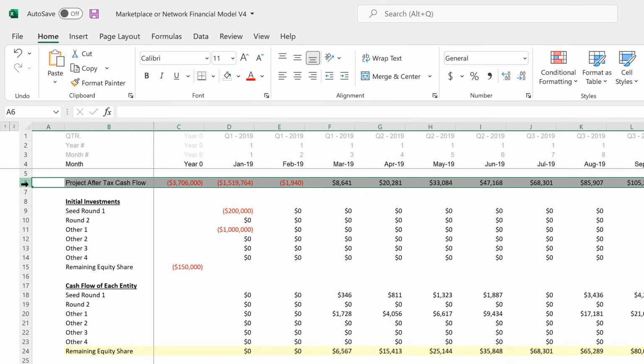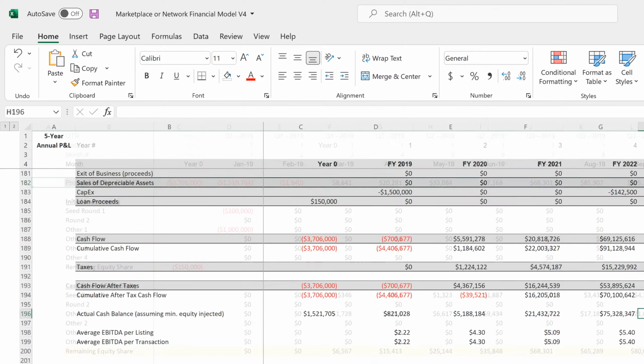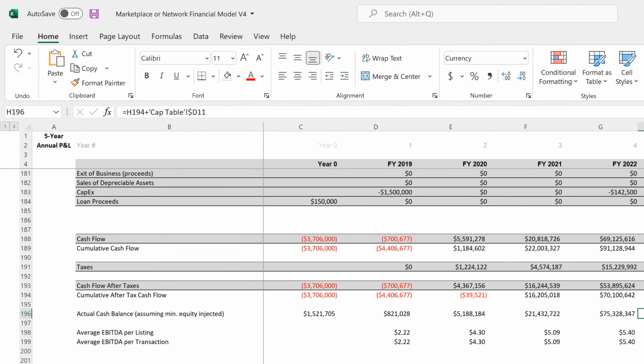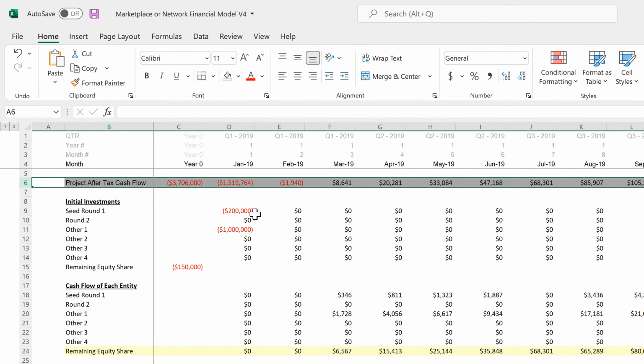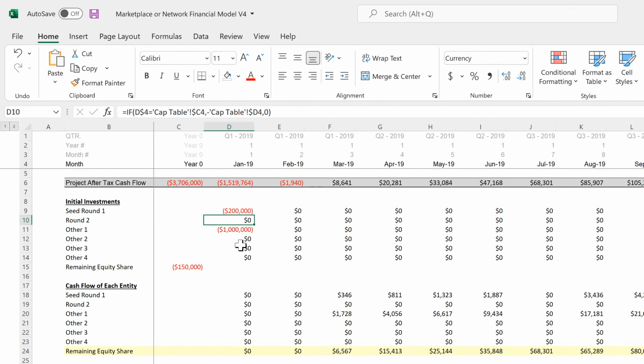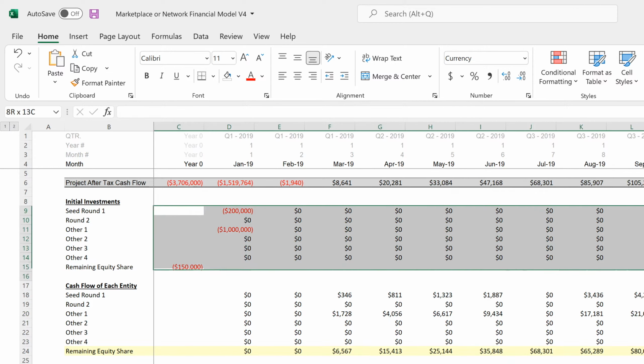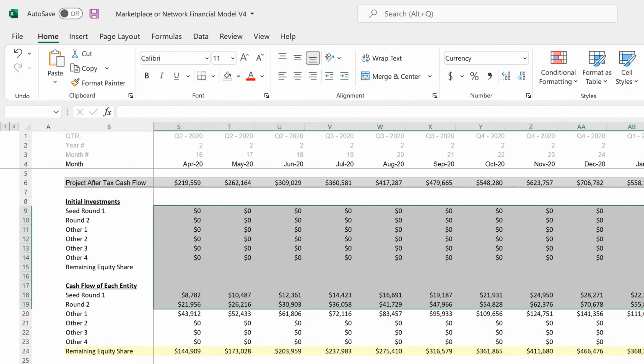Okay, so this should match 2909. This, which it does. Now the question is, what have we done here? So cash flow out. This should all match. 294.136.